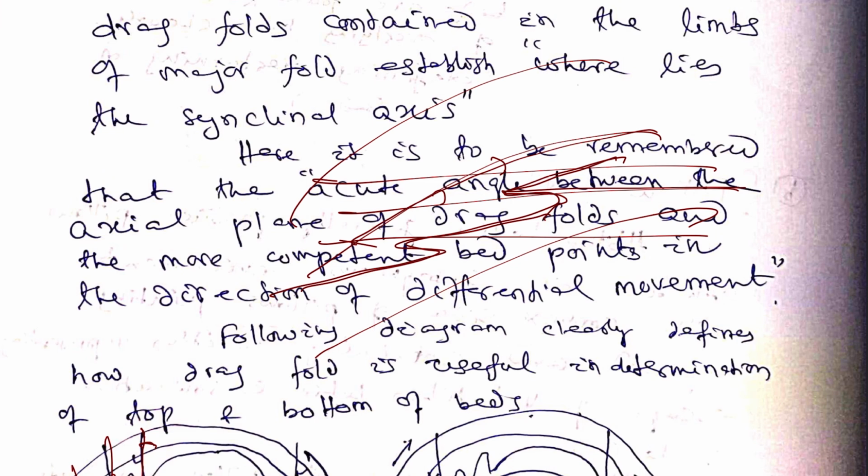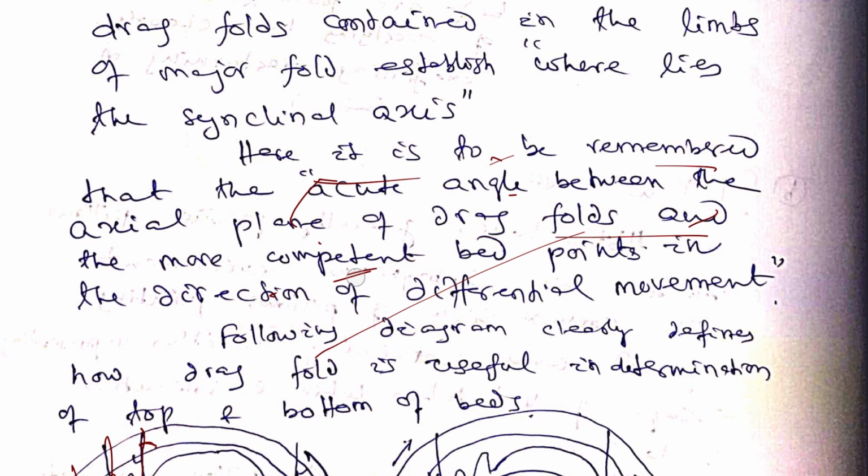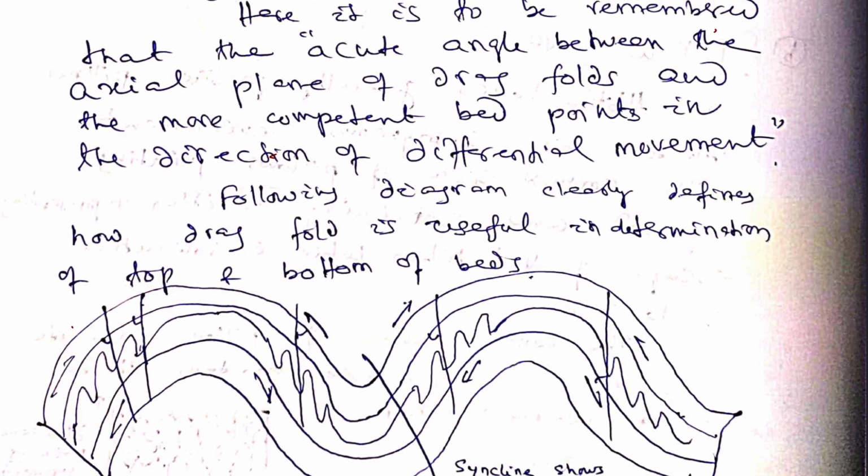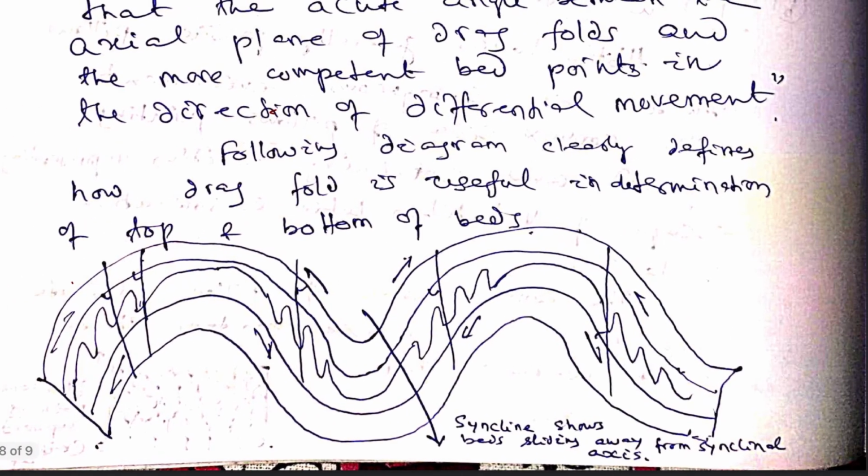If we remember these two facts, then it will be useful to deduce the major structure and say whether the strata are in right side up condition or are overturned. So let us see. Here, this is the incompetent bed.